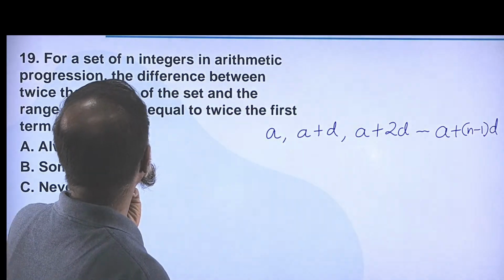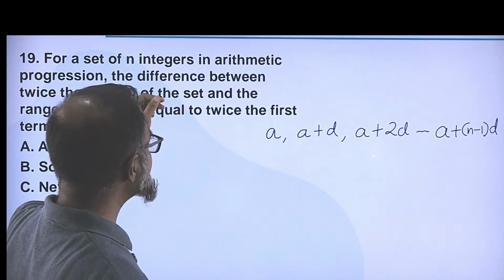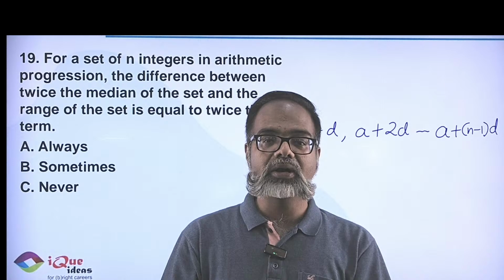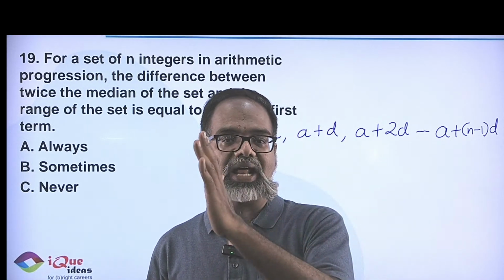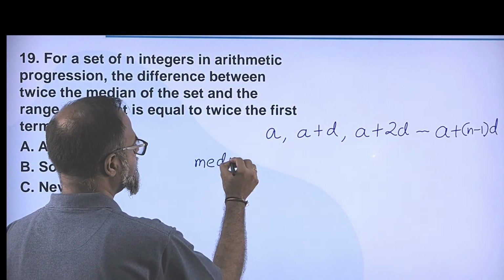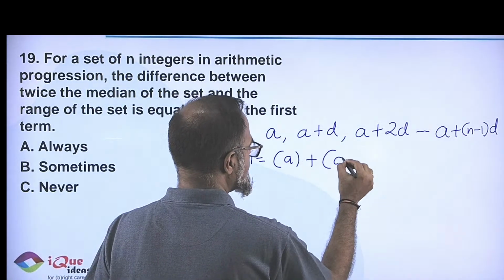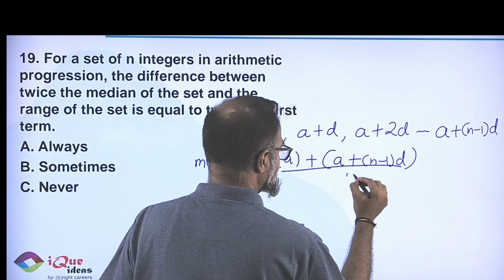Great. It says for a set of n integers, the difference between twice the median. Now remember, the median of the set, the middle value, because this is an AP, will always be the first term plus the last term divided by 2. So in this case, the value of the median of the set is the first term plus the last term, the entire thing divided by 2.